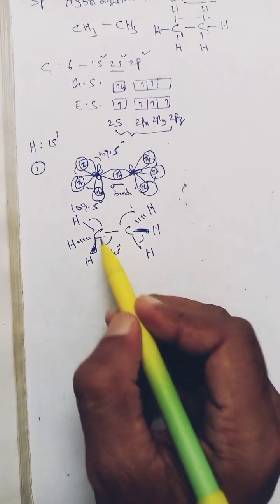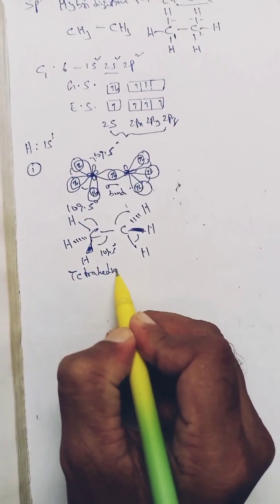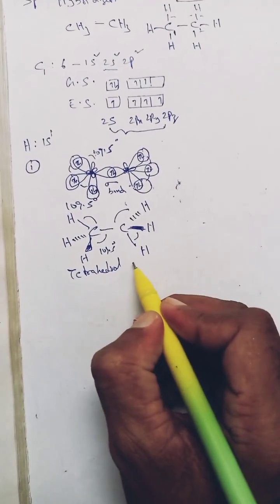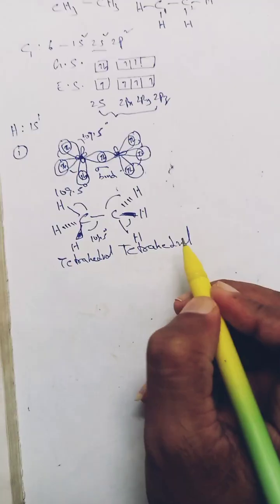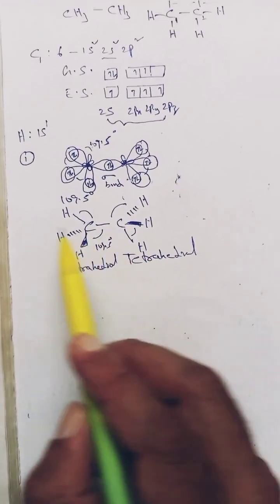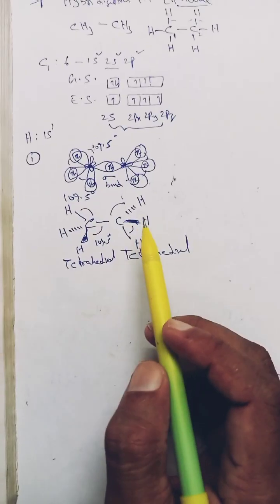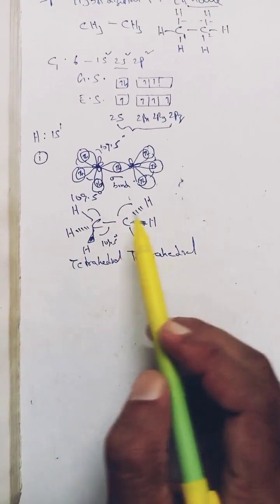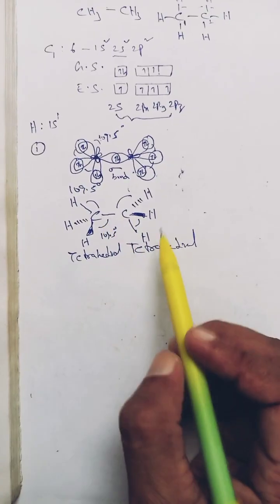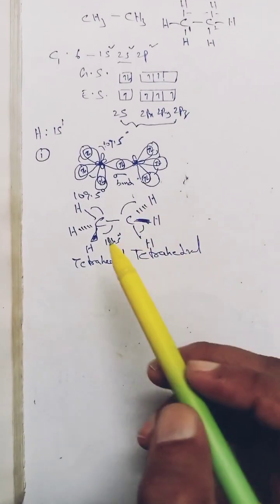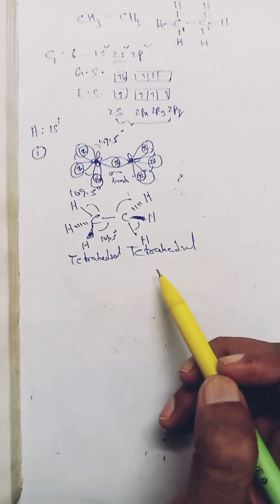This carbon has tetrahedral geometry, and this carbon also has tetrahedral geometry. Like that, in ethane both carbons have tetrahedral geometry. So this is the bonding in ethane. Methane we have seen, and this is the bonding in ethane.